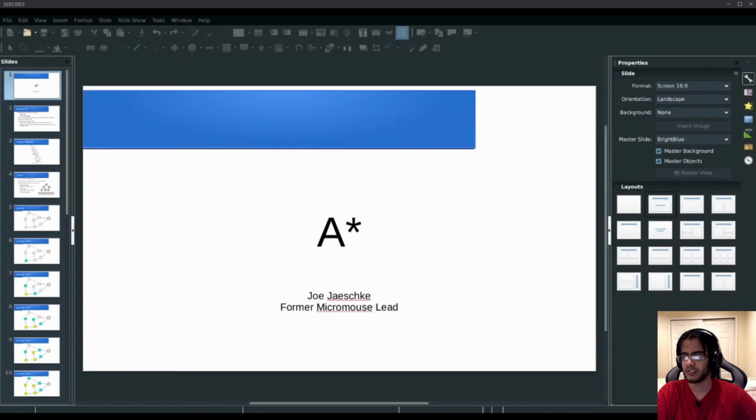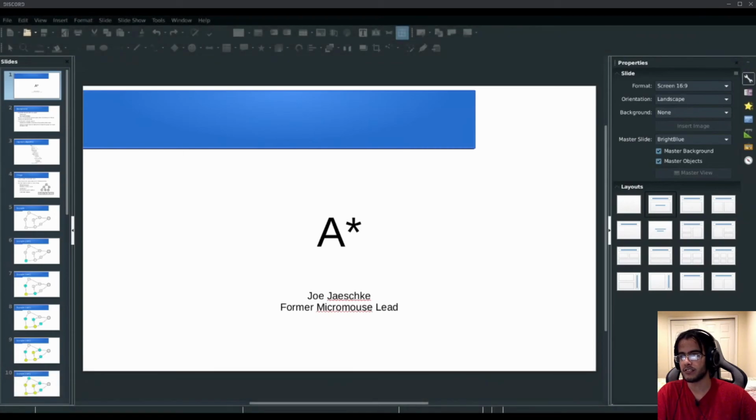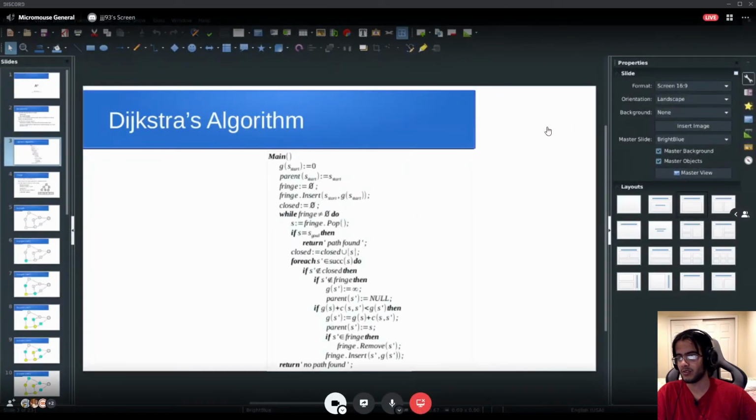Joe, are you showing a diagram right now? Yes, can you not see it? No. Are you sharing your entire screen, or just the PowerPoint? I am sharing the PowerPoint. I went into presentation on the PowerPoint. Oh, I see what you guys are seeing. What we were seeing was just the title slide that entire time. Oh.